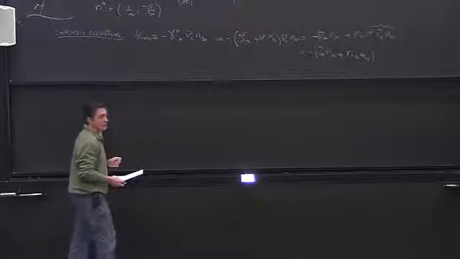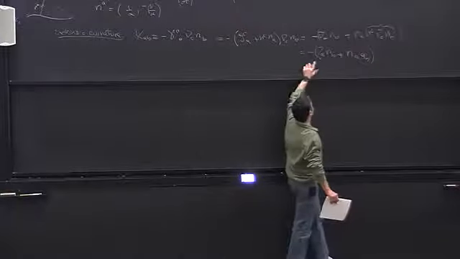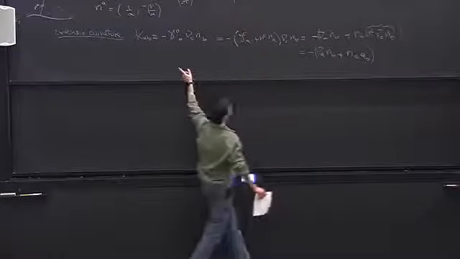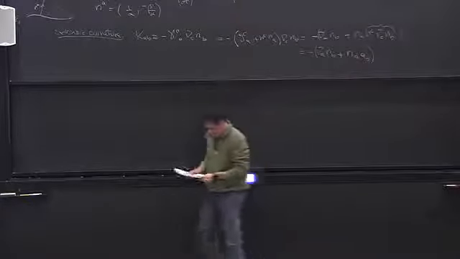So of course, if the vector n happened to be geodesic, this is 0, and this is simply the extrinsic curvature. If not, there is a contribution from the acceleration.